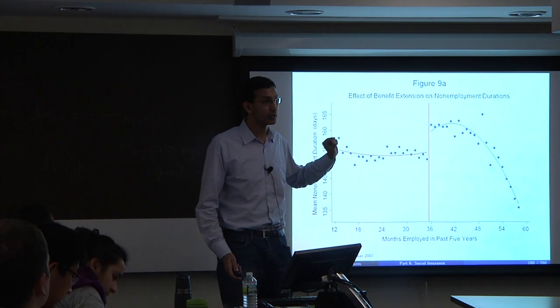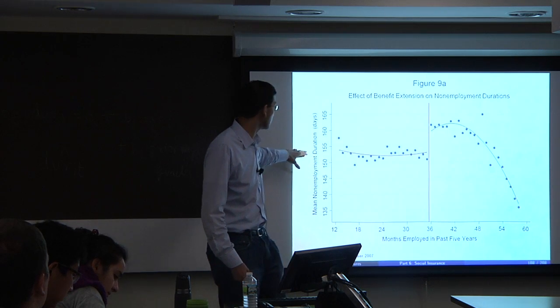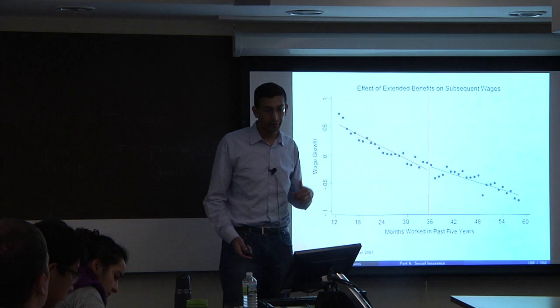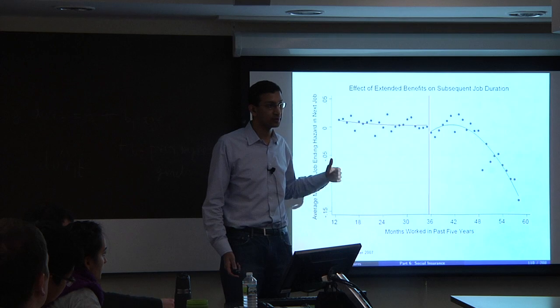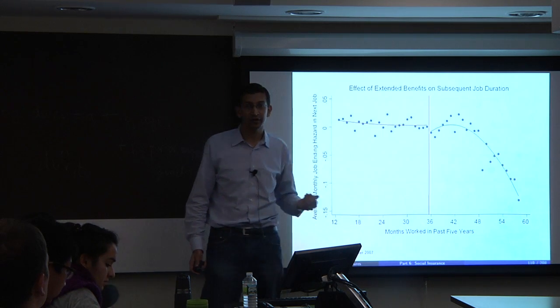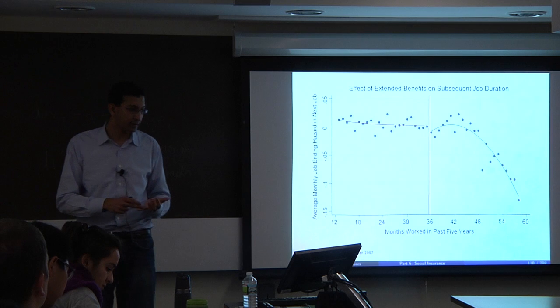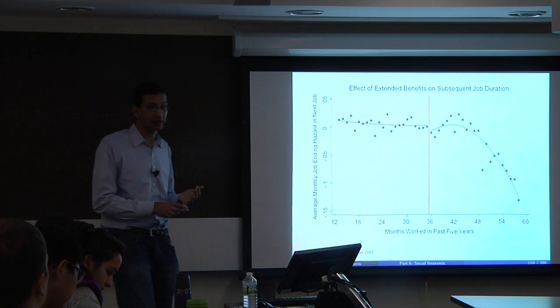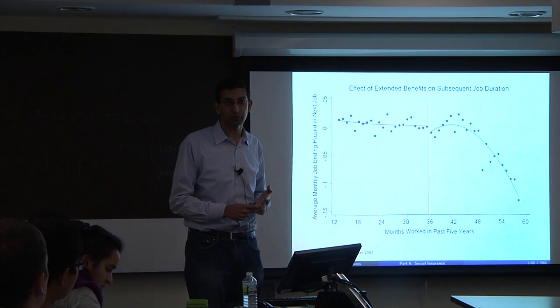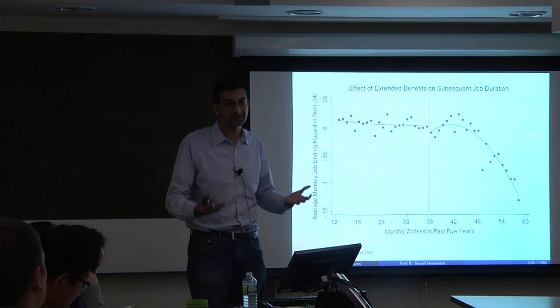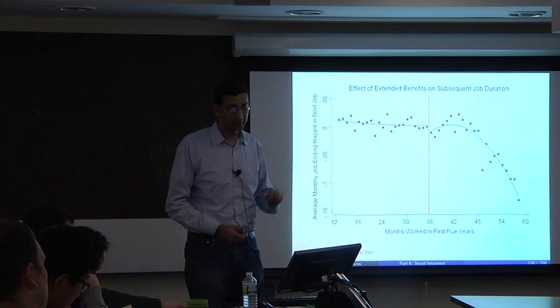Again, you see that the guys who get longer benefits take longer to find a job, so mean duration is higher. But if you look at subsequent wages and subsequent job duration, there's absolutely no evidence of an effect. So that, A, makes me think the match quality benefits are not that important, and B, it's hard to think about how the reservation wage approach would work in light of this evidence. It just doesn't seem like that margin is that elastic.